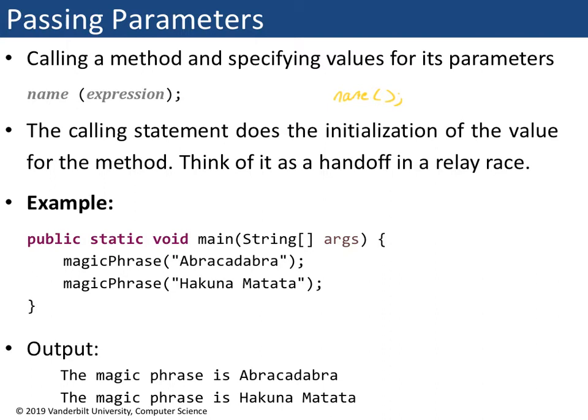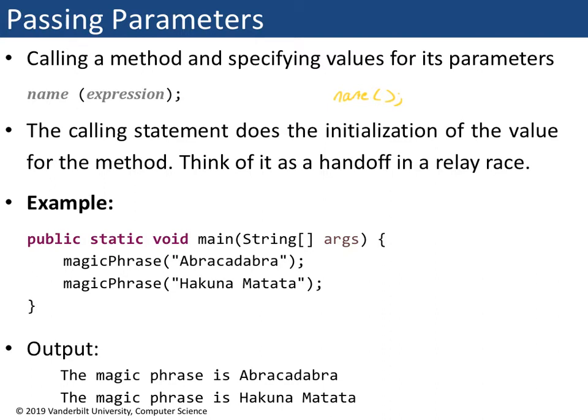So here's an example of this. We've got this magicPhrase method that we created from the last slide. Now let's pass some strings to the magicPhrase method. So here's our main, and here is the first statement in the main. So this is where we will begin executing.